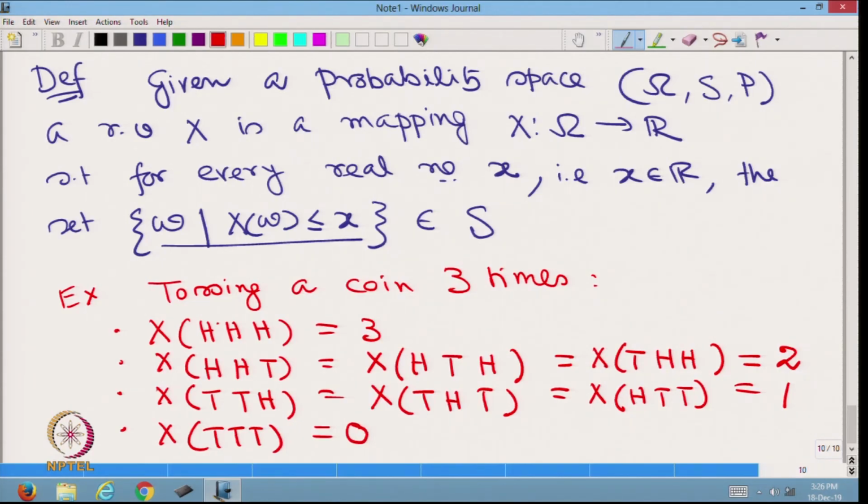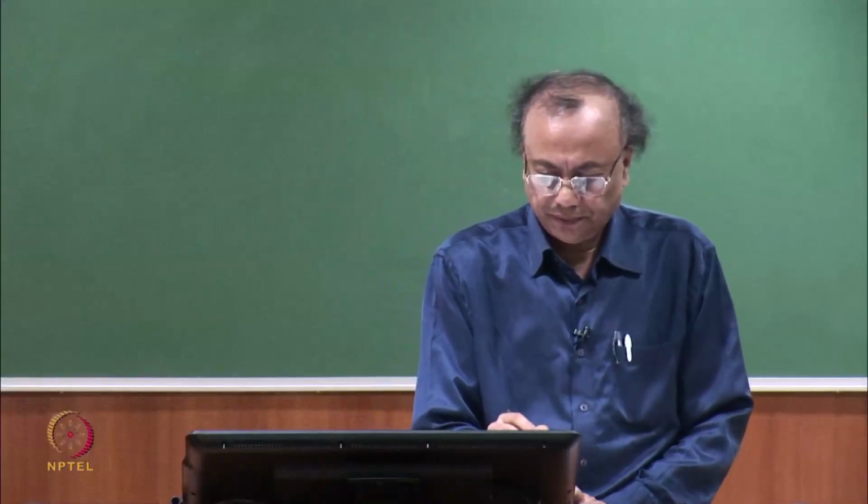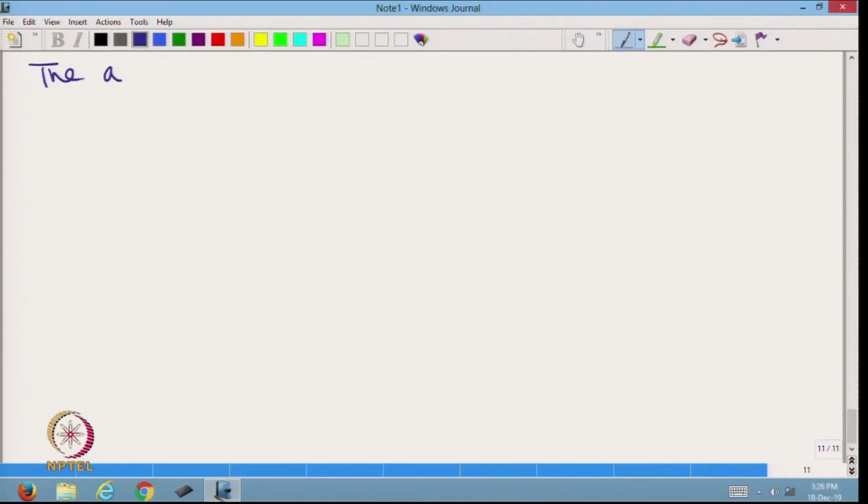Thus, we have mapped for each omega belonging to capital Omega, that is the set of possible outcomes, a real number. We are making a mapping from the omega to the real numbers. Therefore, the above x is a random variable.